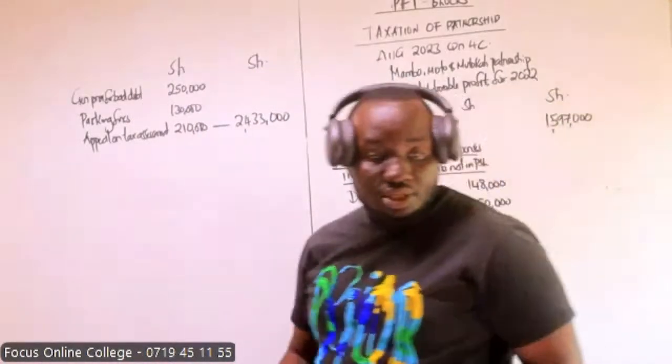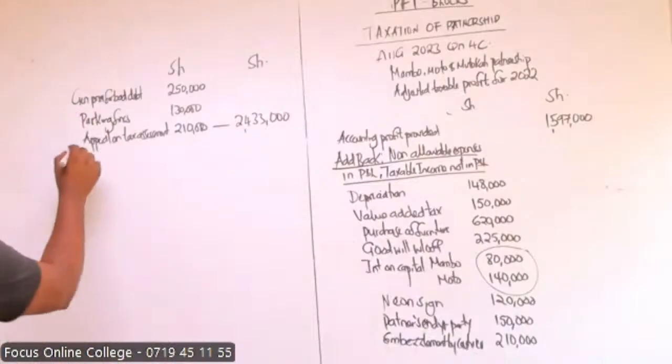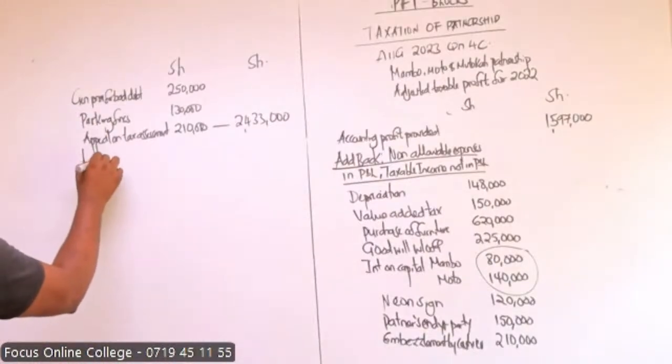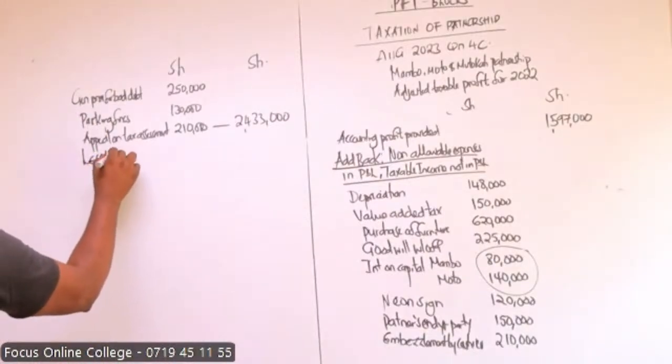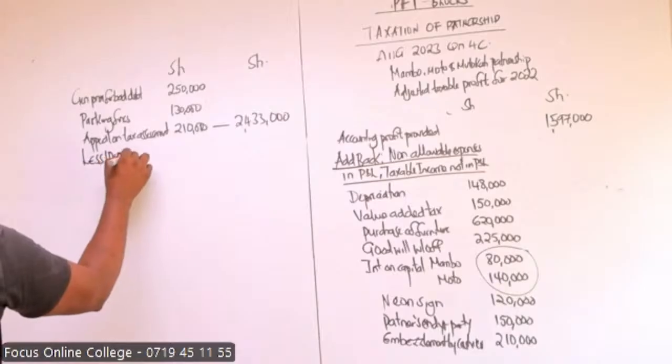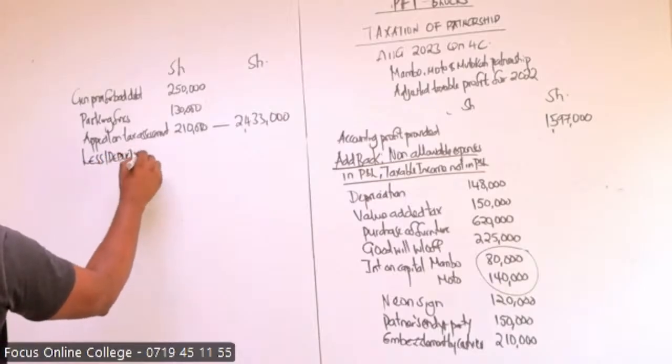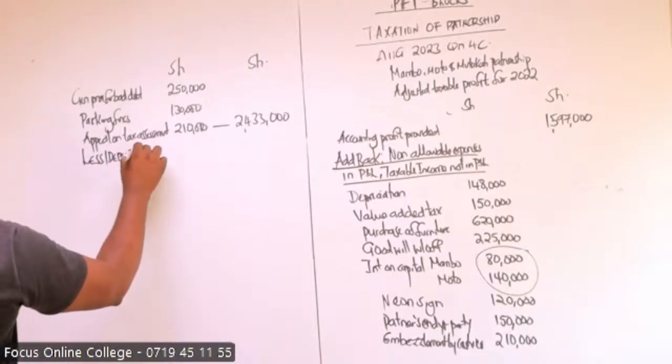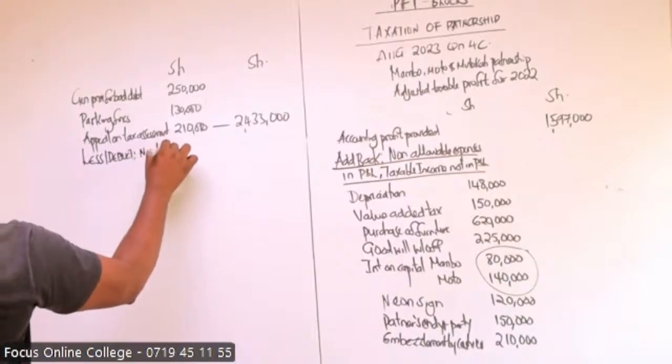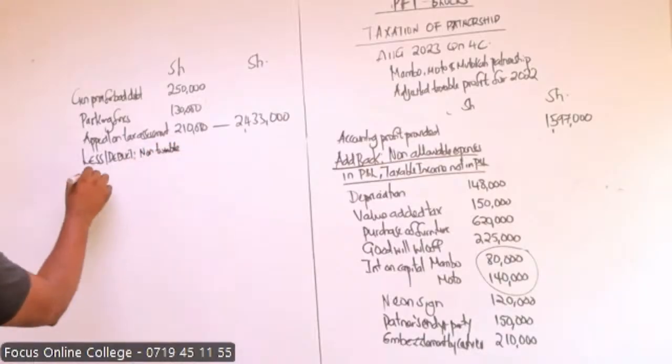We then move to what we deduct, the less section. We deduct non-taxable operating income.